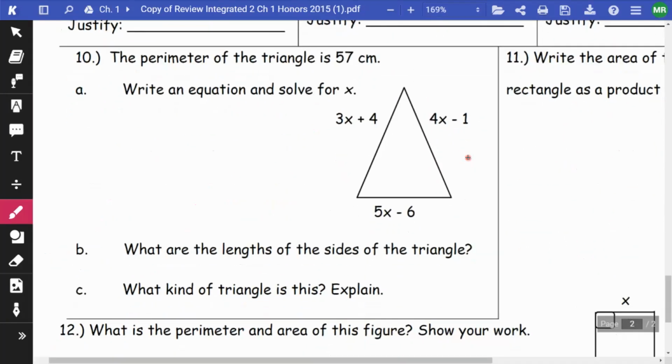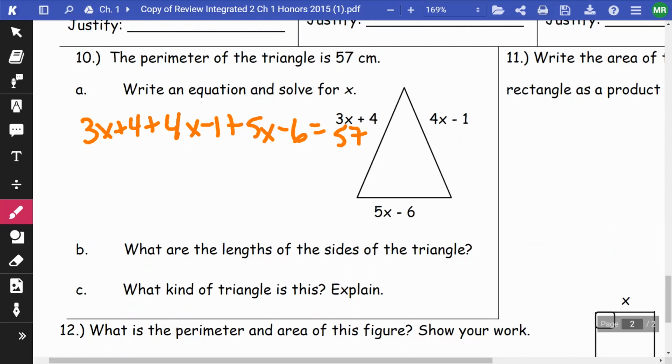On 10, I know the perimeter is 57. So I'm going to add all three sides: 3x plus 4 plus 4x minus 1 plus 5x minus 6 equals 57. Or I can just combine like terms. I take my 3x and my 4x and my 5x and add those up, and I get 12x.